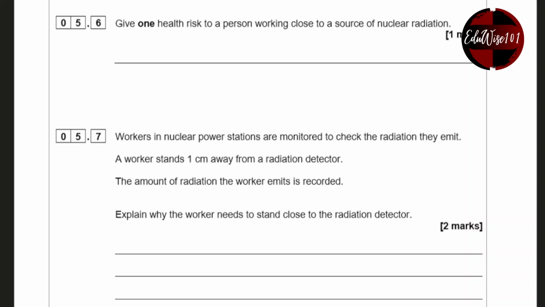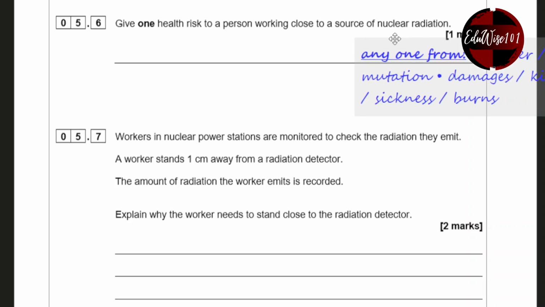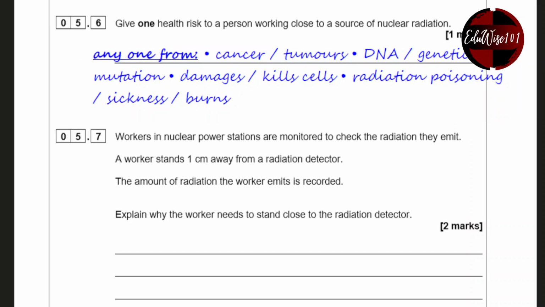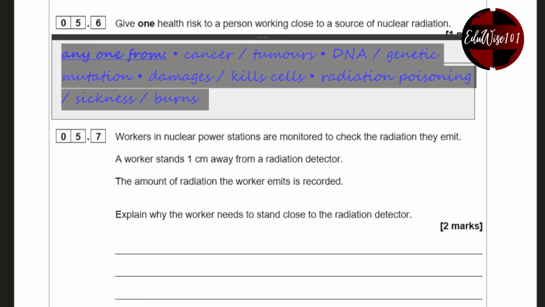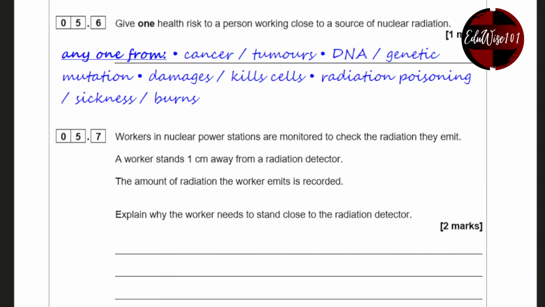Eventually, it can cause cancer, death if it's too much. So any of these is fine. Anyone from cancer, tumors, or DNA or genetic mutation or damage, or it can kill cells, or radiation poisoning, or you could say sickness, or you could say burns.